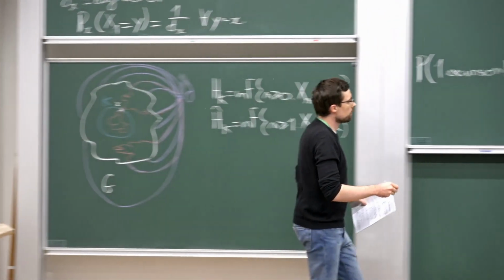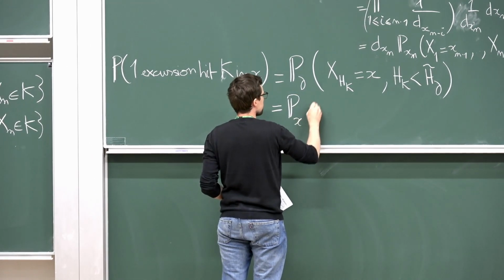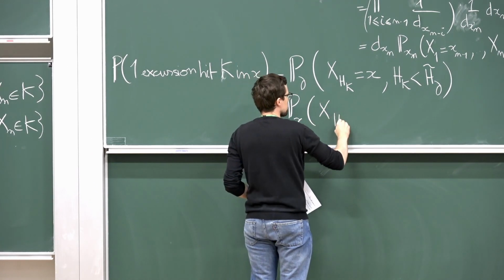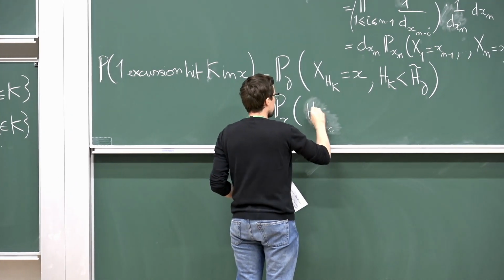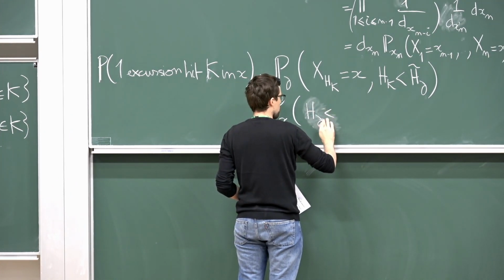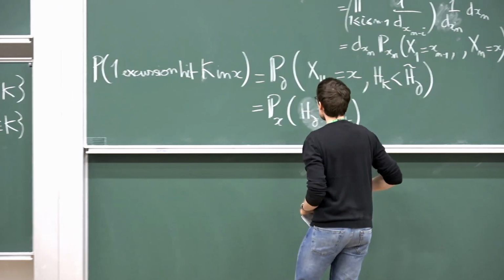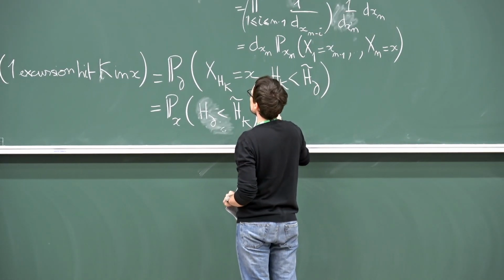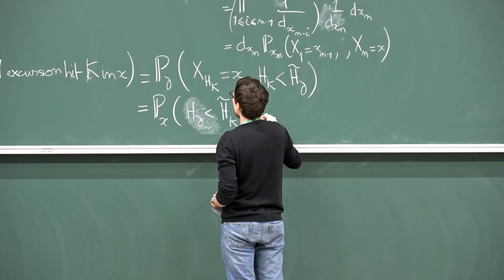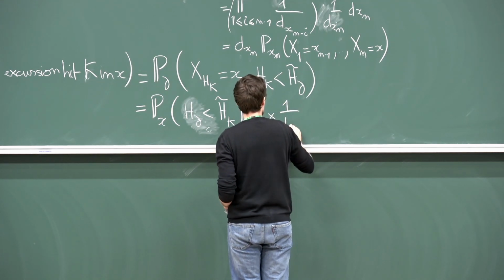So this is the same as the probability, starting in x, that I hit my boundary point, and I hit it before coming back to K. And of course, I need to pay my degree factor over there. So I need to multiply by dx and 1 over the degree of the boundary point.